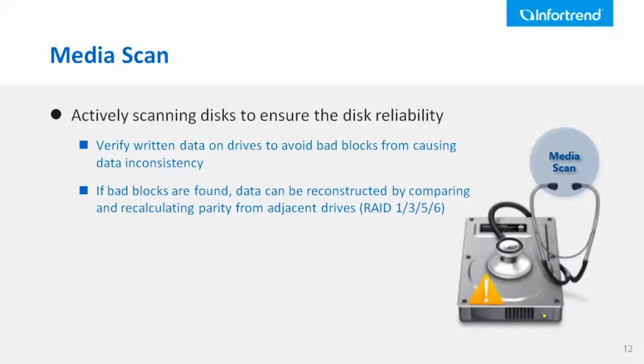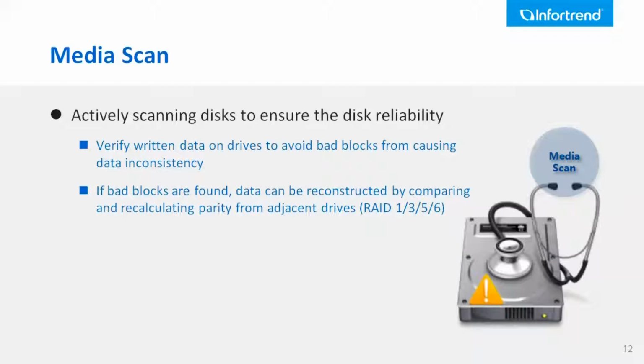The other one is media scan. Likewise, media scan can be actively engaged by Infortrend RAID technology based on hardware RAID, or by setting the media scan schedule. The purpose of media scan is to verify written data on drives to avoid bad blocks causing data inconsistency in advance, instead of waiting until the drive fails. Besides, Infortrend RAID technology allows the media scan to automatically adjust its priority depending on the system loading.